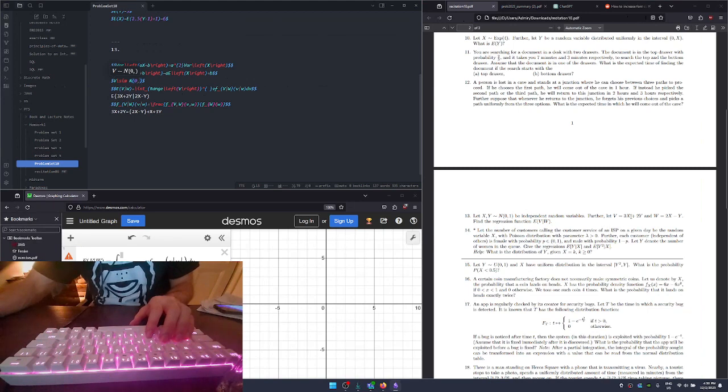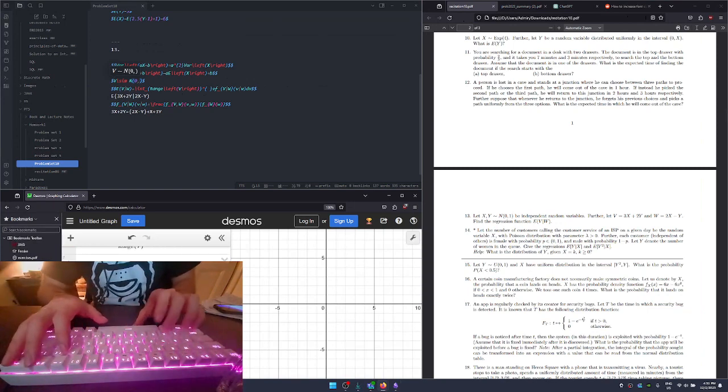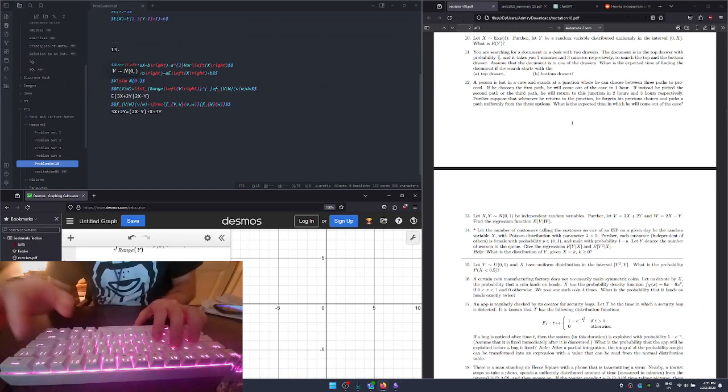So you have 3 times, and you know they're independent. So if you look at it, you have the variance of 3x plus 2y, and you can separate them because they're independent, and the covariance becomes 0.